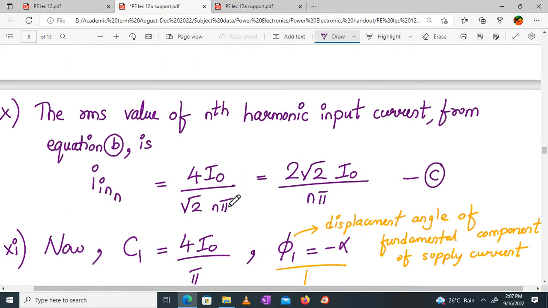V sin ओमेगा t होता है ना, कैसे लिखते हैं हम लोग? Vm sin ओमेगा t, राइट? सिमिलरली करंट भी ऐसे रहता है, Im sin ओमेगा t. समझ रहे हैं तुम्हें? 4 upon root 2 is 2 root 2, right? So write equation number C.